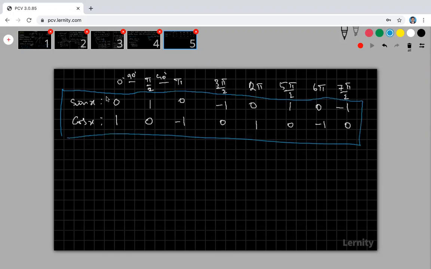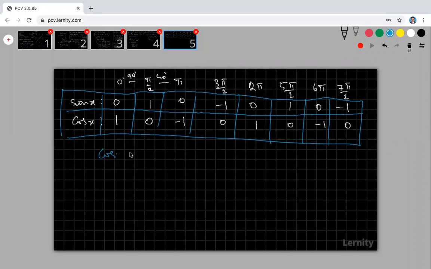Another important thing: my cos x is equal to 0. When my cos x is equal to 0, look at that. My cos pi by 2 is 0. Are you okay? When x is equal to pi by 2, cos of pi by 2 is 0. Cos of 3 pi by 2 is 0.